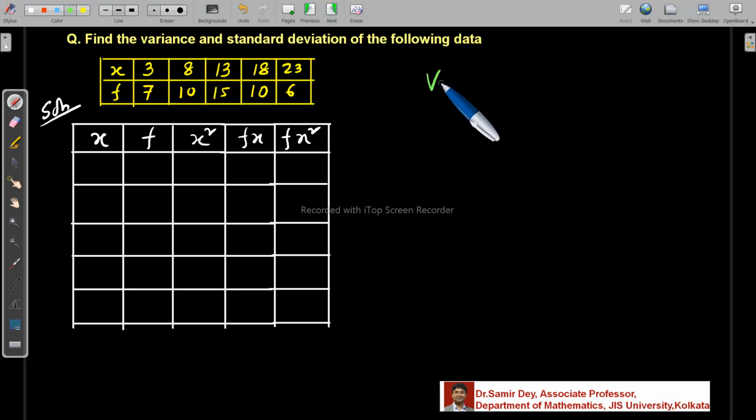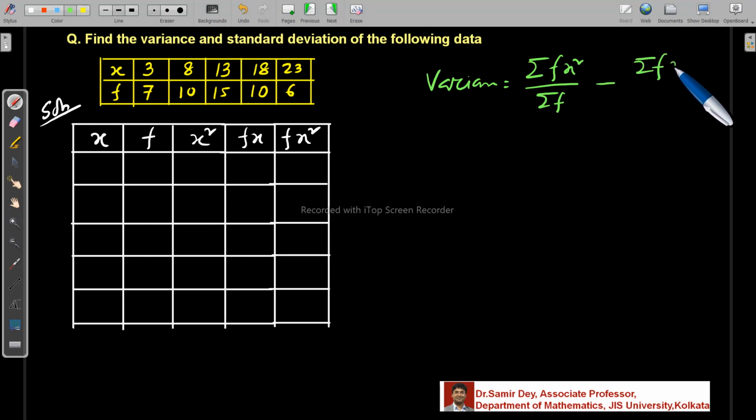The variance formula is: variance equals summation f x square by summation f minus summation f x by summation f whole square. This is the formula. Now jot down all values.